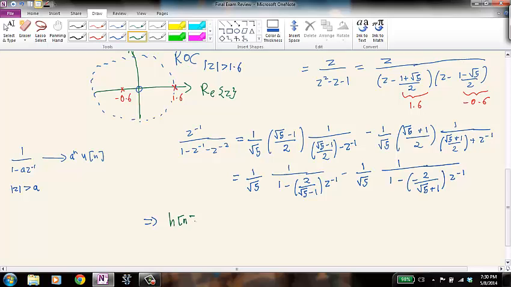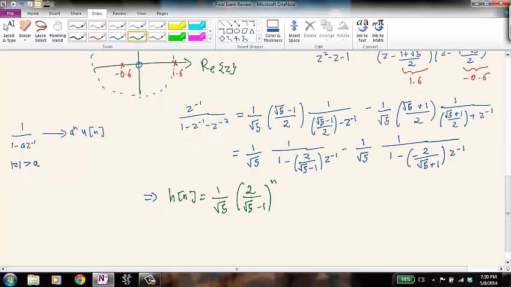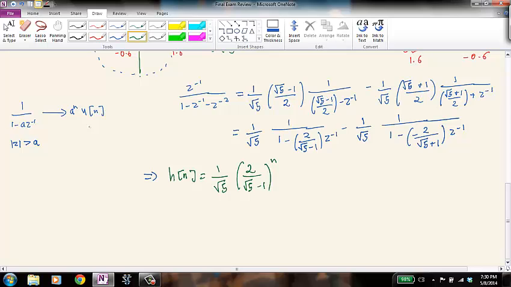h of n is 1 over square root 5, so this is the constant a that is an exponential. Okay, this is just coming from this formula, right? So you don't need to do any computation.